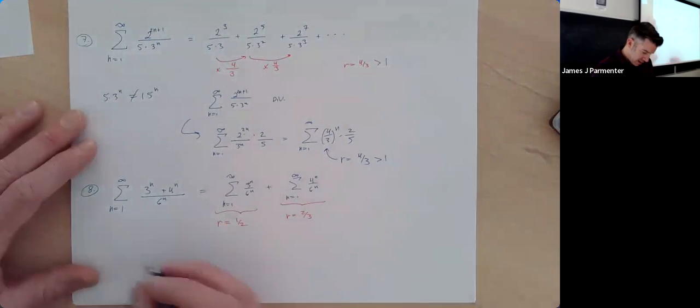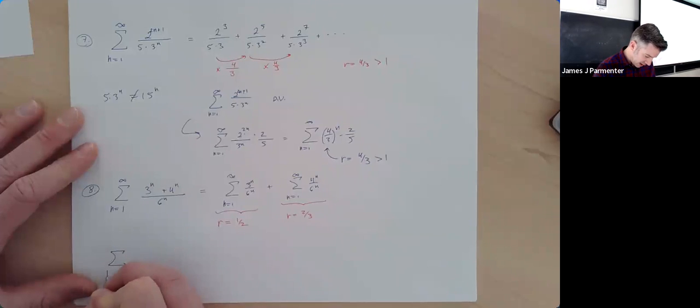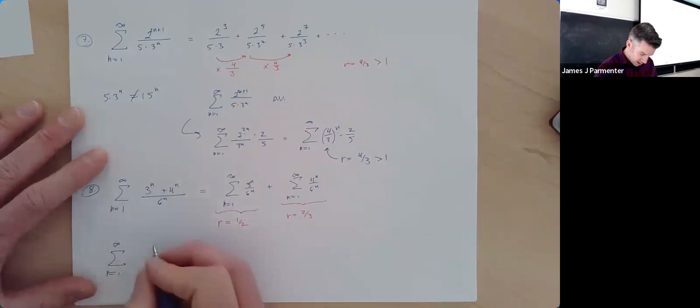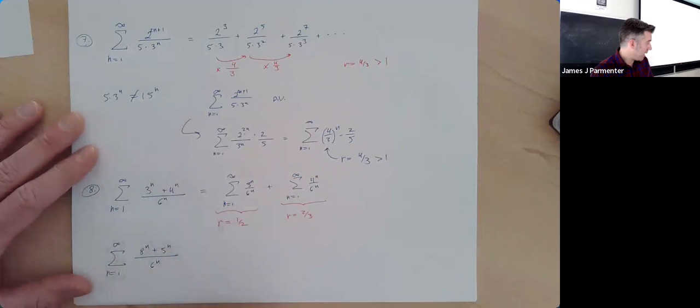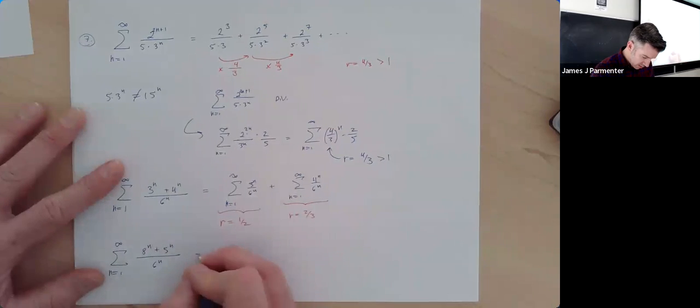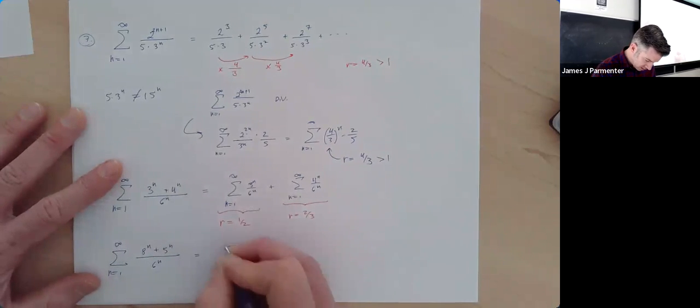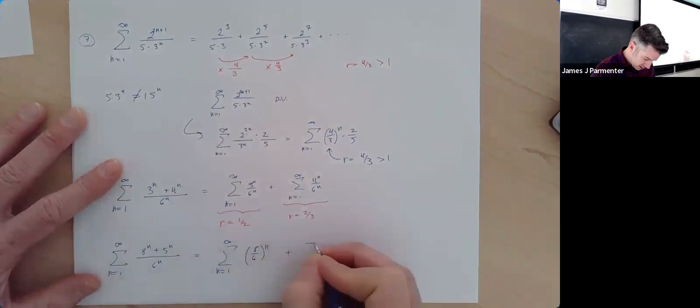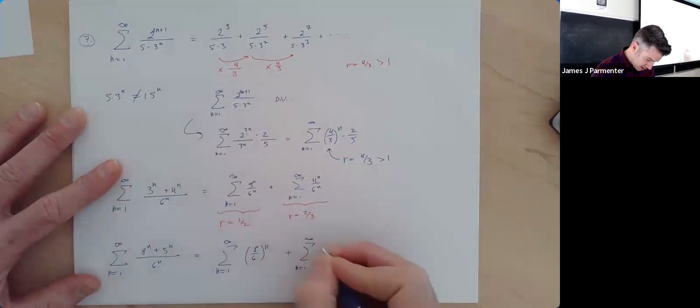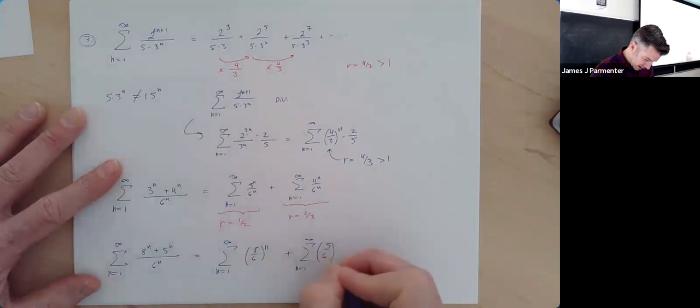On the other hand, if my series was the series from say n equals 1 to infinity of 8 to the n plus 5 to the n over 6 to the n, I would still break it apart and write it as the sum from n equals 1 to infinity of 8/6 to the n plus the sum from n equals 1 to infinity of 5/6 to the n.